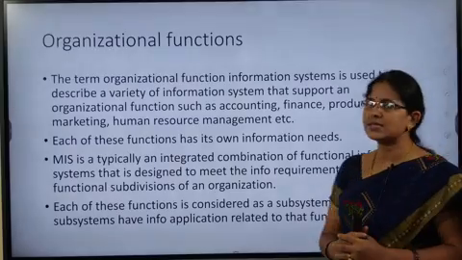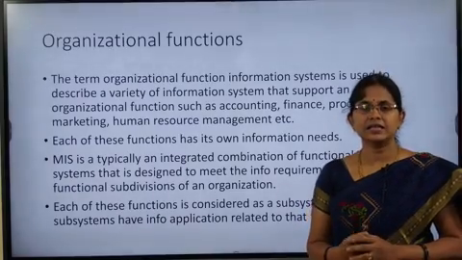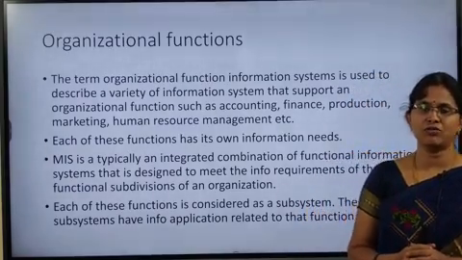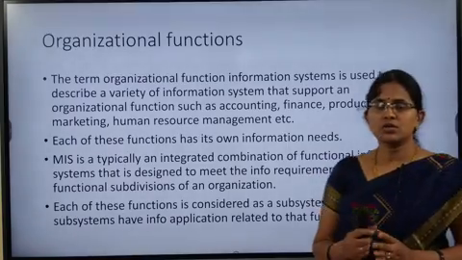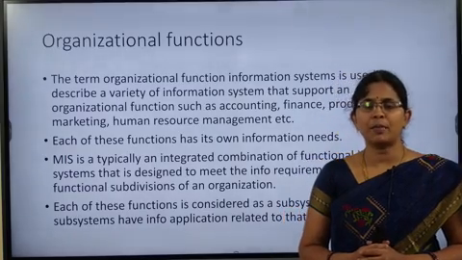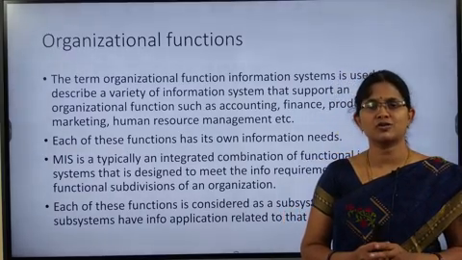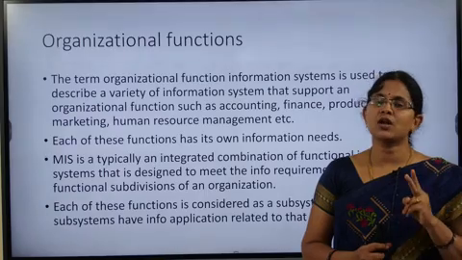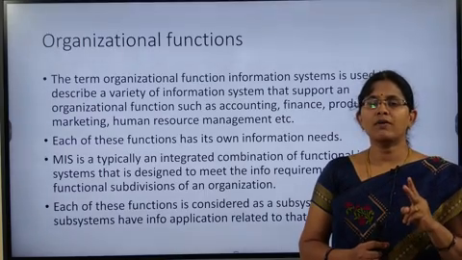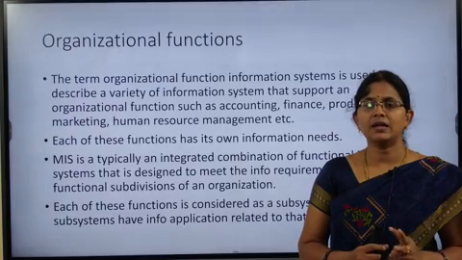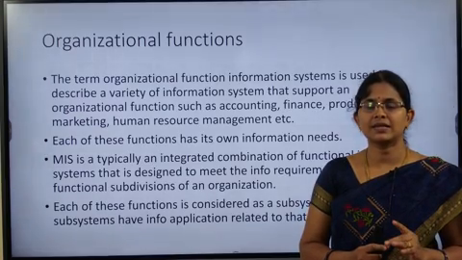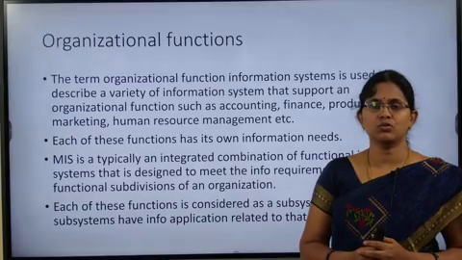And the last activity in the structure of management information system is organization functions. Normally in management, there are two types of functions: managerial functions and operative functions. While we go for the managerial functions, we have mainly five: planning, organizing, directing, staffing, and controlling.